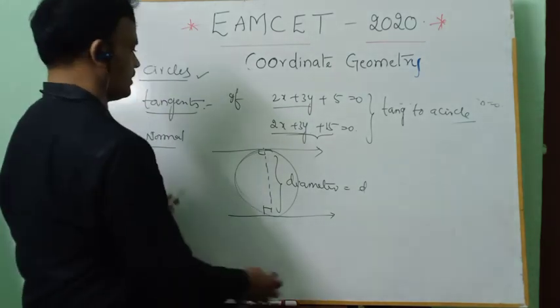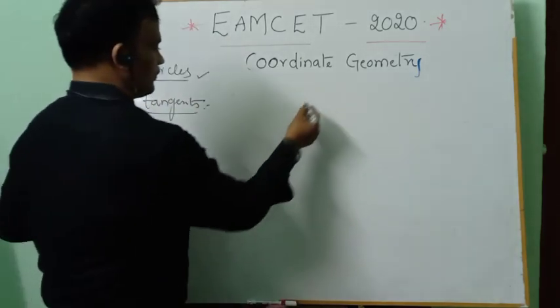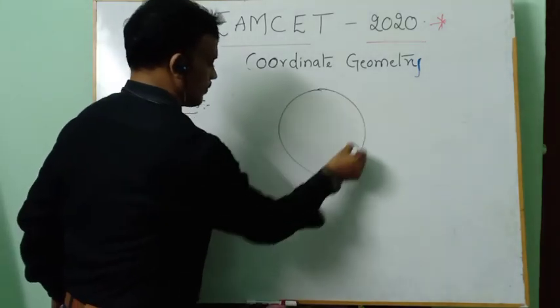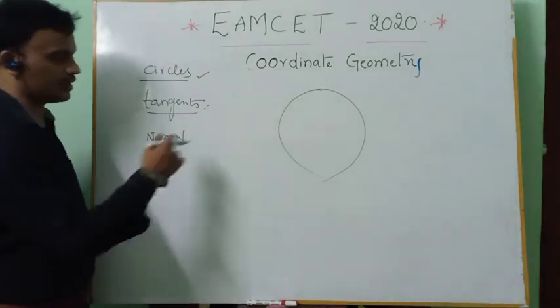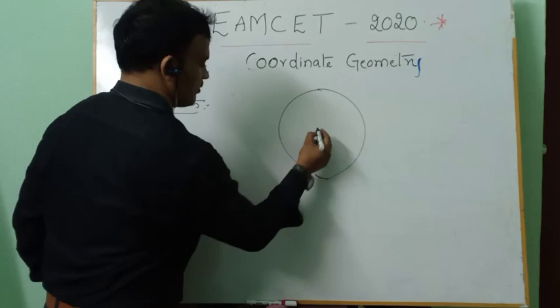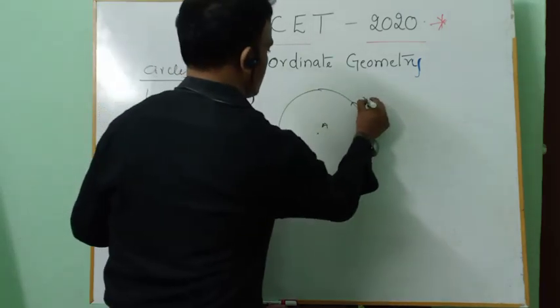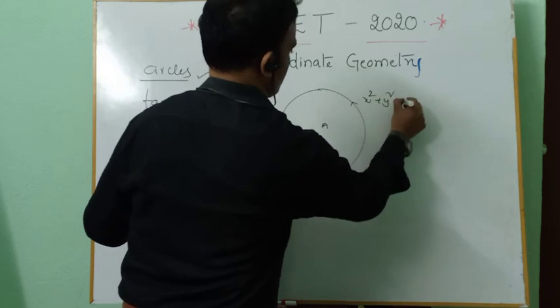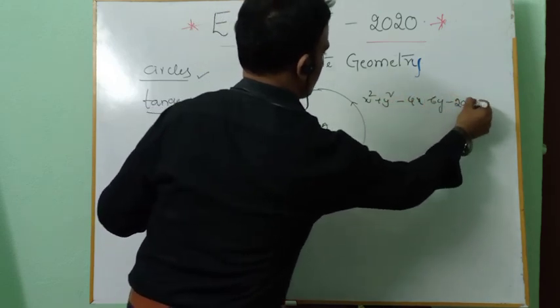And from the tangent concept, one more thing. From March 2019, we got this type of problem. They have given one circle, and the center of the circle is A. Suppose the circle equation is x square plus y square minus 4x minus 6y minus 20 equals 0.